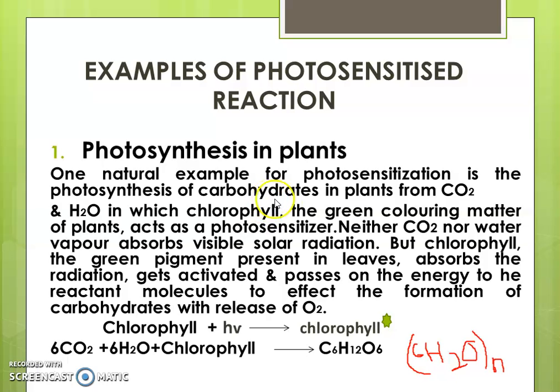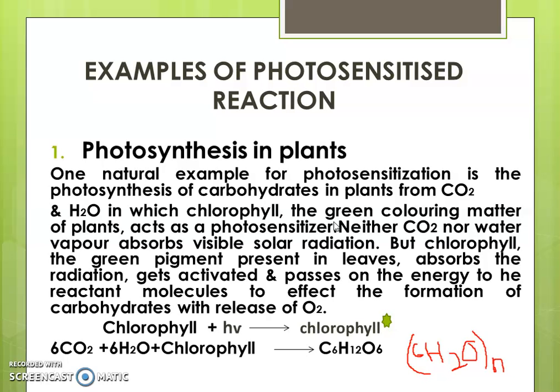Here, neither the carbon dioxide nor water vapor absorbs visible solar radiation, but chlorophyll, the green pigment present in leaves, absorbs the radiation and gets activated and passes on the energy to the reactant molecules, carbon dioxide and water, to effect the formation of carbohydrate with release of oxygen.